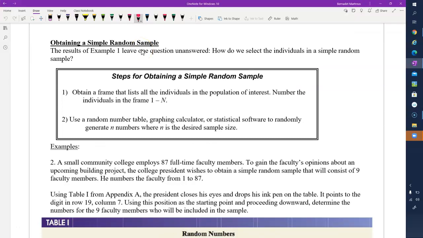The first one: obtain a frame that lists all individuals in the population of interest. What this means is that the frame is our population, so we have our population first, and then we number the individuals in that frame, in that population, from 1 to n. So this n is our population size.